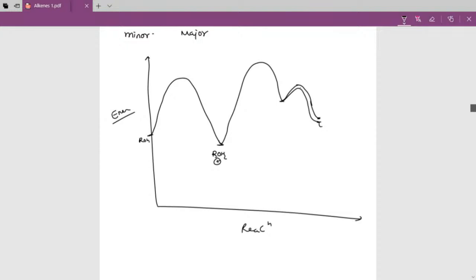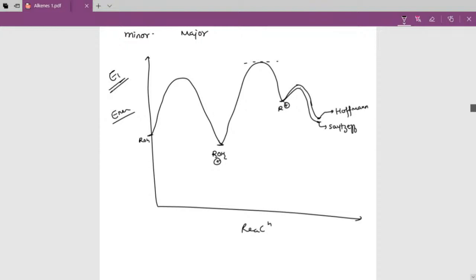So this is more stable. This will represent Zaitsev alkene. This will represent Hofmann alkene. This is representing carbocation. RDS is formation of carbocations, so same factors will be observed as E1.